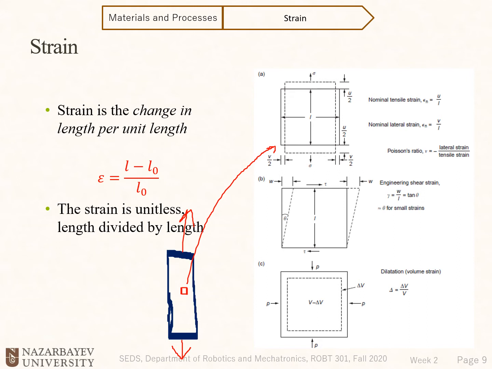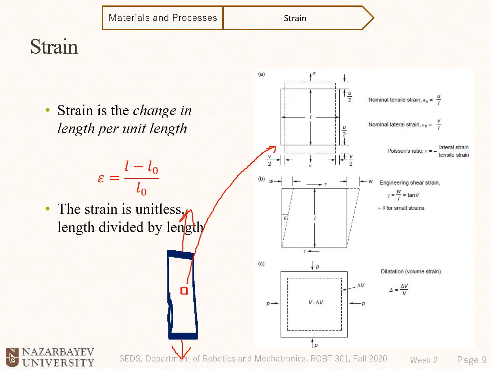And then we have the definition of Poisson's ratio, or v. Poisson's ratio is equal to minus lateral strain divided by tensile strain. Why do we have minus?